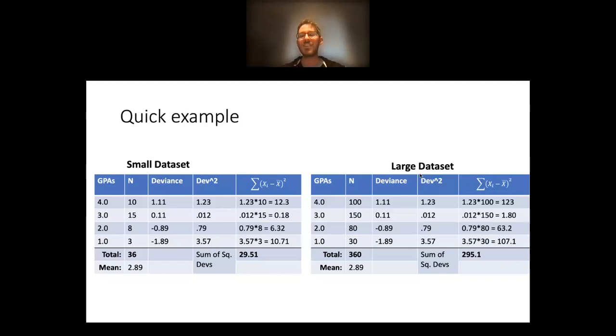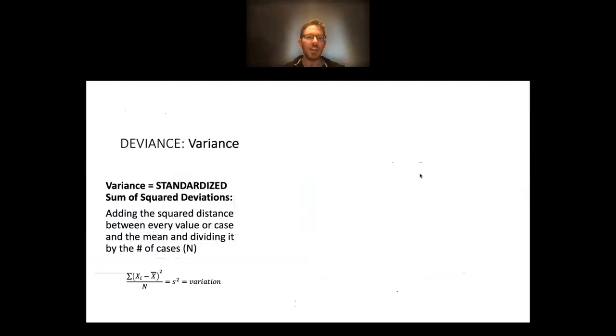So it's a big difference, and that really makes it hard to compare large and small data sets if you're only using the sum of squared deviations. So we need to find a way to be able to compare a large data set with a small data set. And the way you do that is by dividing it by n. This is called standardizing. Since you're adding every value's distance from the mean, if we divide by the number of values, then we're able to control for that.